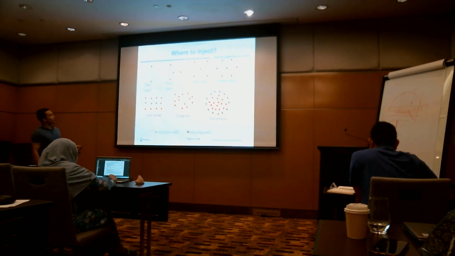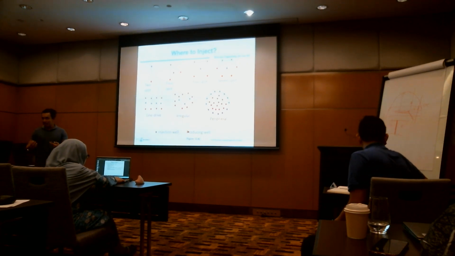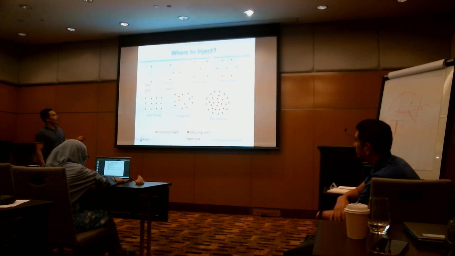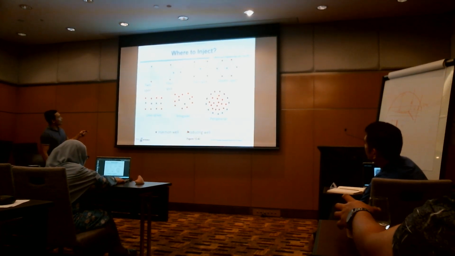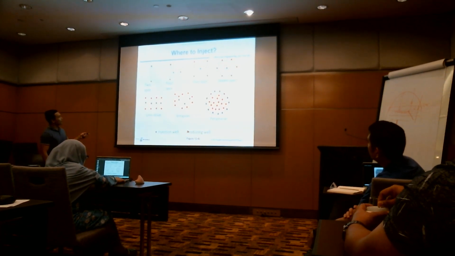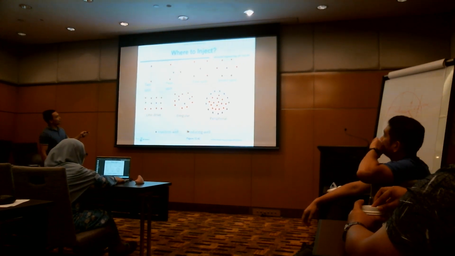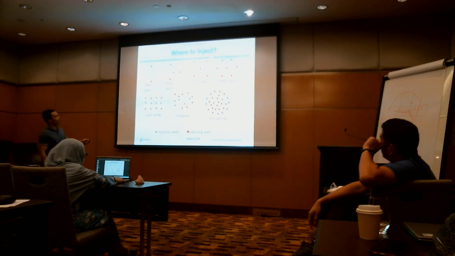Okay, where to inject? I mentioned earlier, you are talking about the sweeping. You will have this kind of pattern. You have two spot, one producer, one injector. You have 4 spot pattern, 3 injectors, 1 producer. 5 spot pattern, 7 spot pattern.